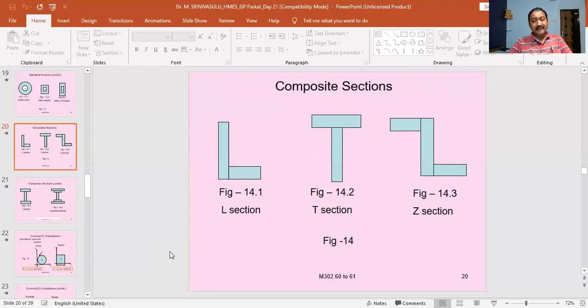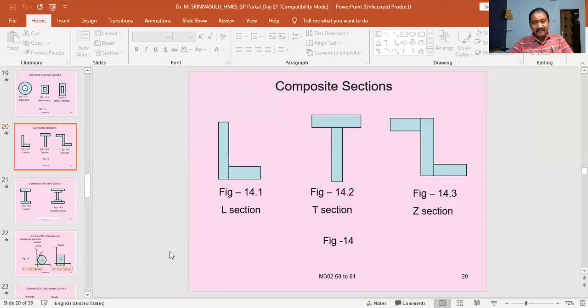Similarly, the T section is also a combination of two rectangles. The first one is the horizontal rectangle, and below that it is joined with a vertical rectangle. And if we take the case of a Z, we have three rectangles. So these sections are made by combining simple shapes.